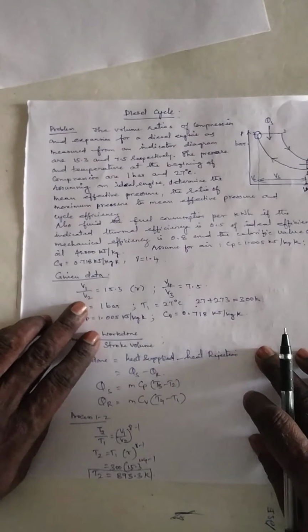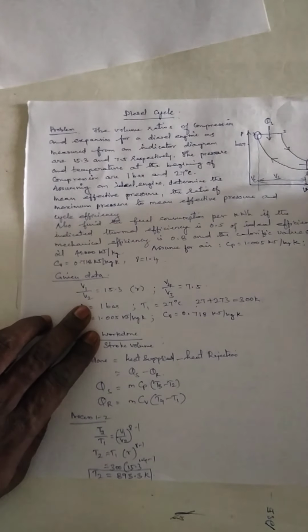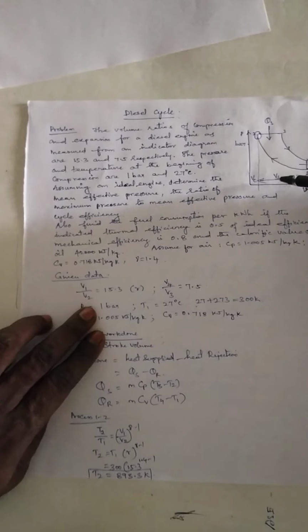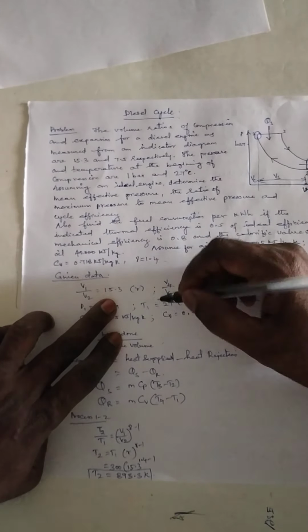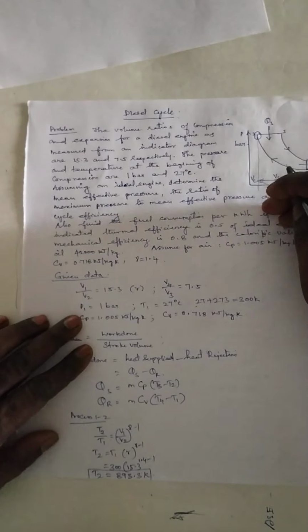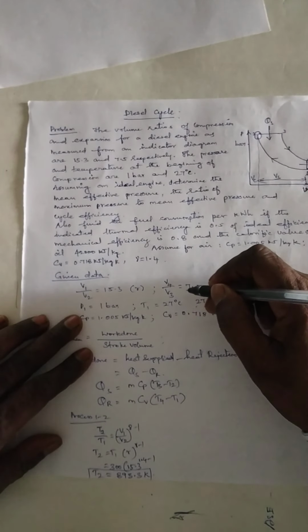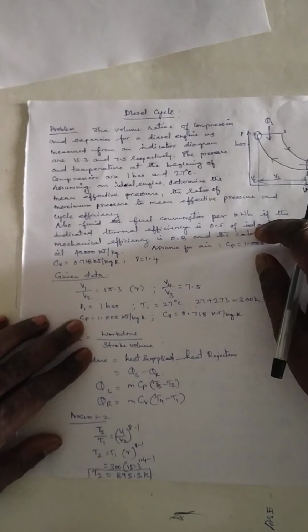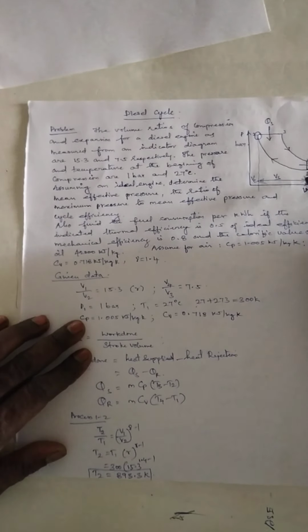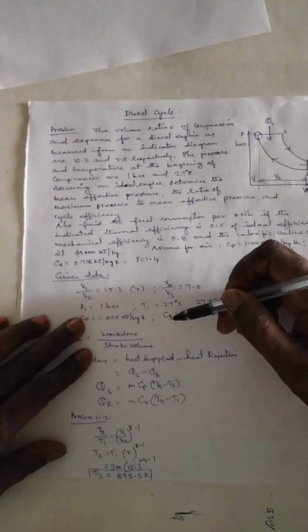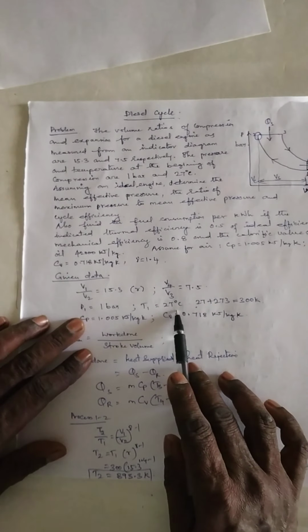Okay, the given data: we know that V1 by V2 is the compression ratio, that is 15.3, denoted as R. Then V4 by V3 is equal to 7.5. The initial conditions before compression are pressure 1 bar and temperature 27 degrees Celsius.